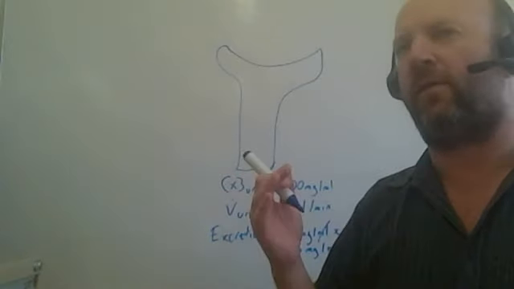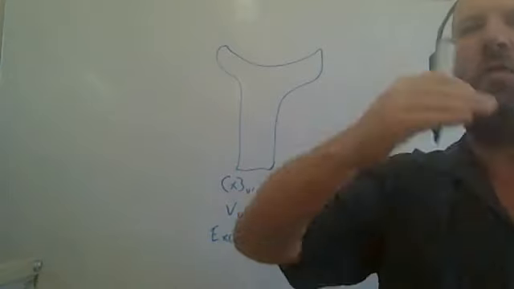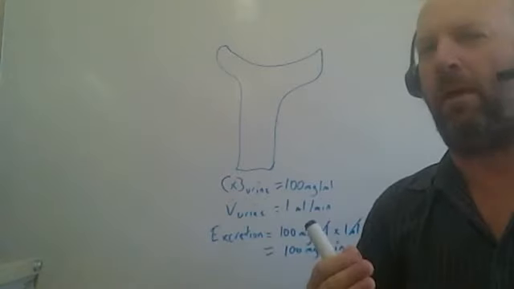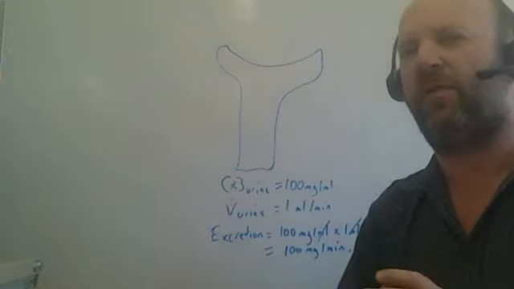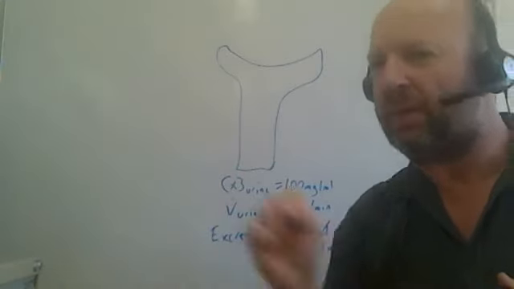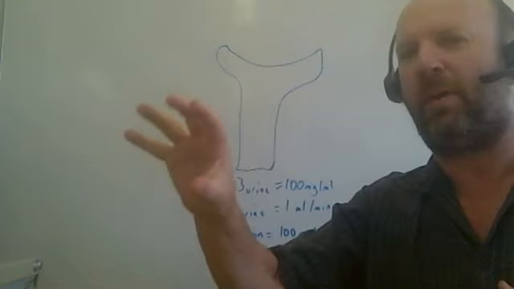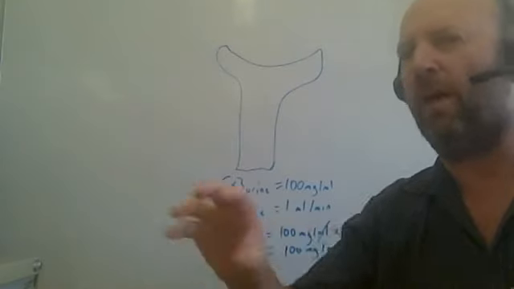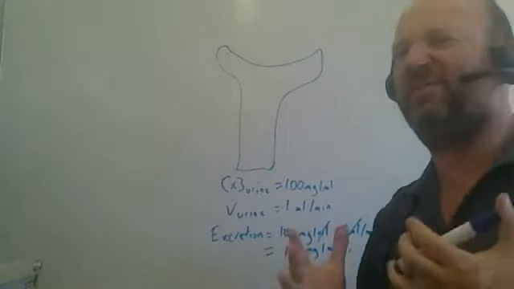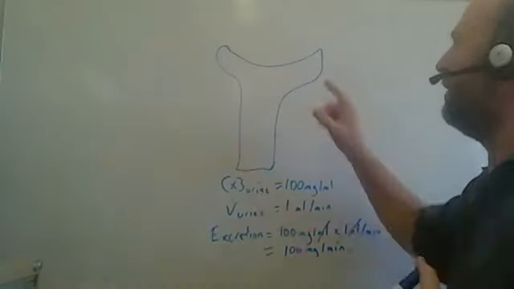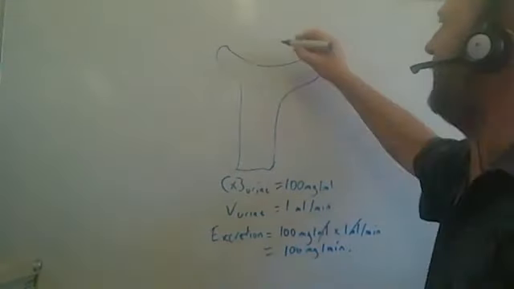Well, clearance, as we know, is the volume per unit time that has had substance X completely removed from it. So the volume of plasma per unit time that has had substance X completely removed from it. Well, that really doesn't mean anything to us until we know one particular value.